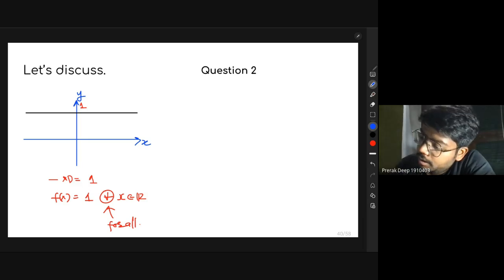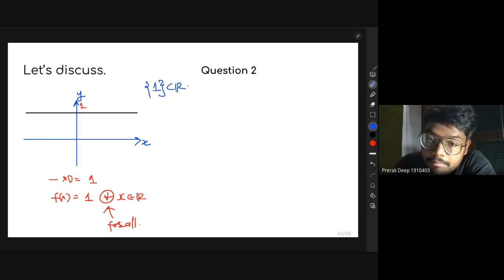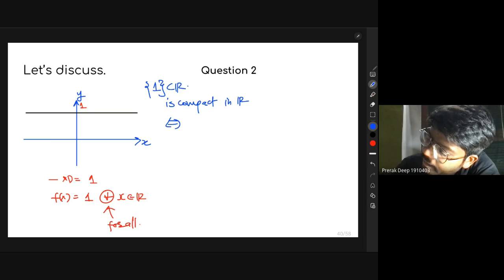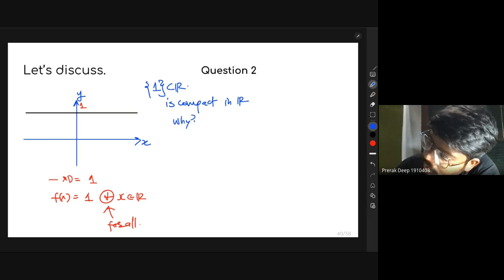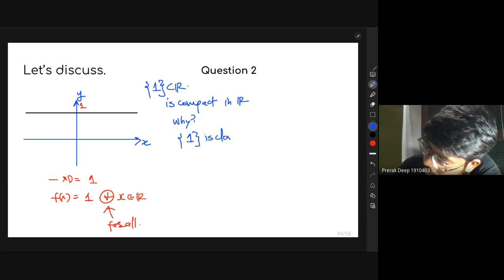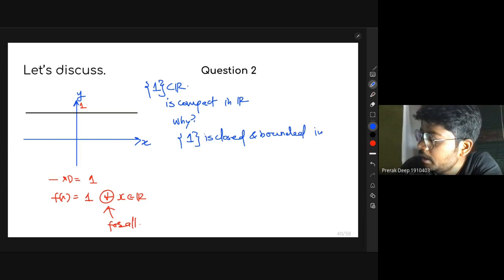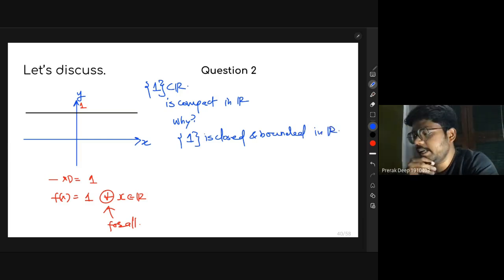Now, if you consider this singleton {1} in R, this is a compact set in R. Why? Because the singleton {1} is closed and bounded in R, and any closed and bounded set in R is compact.